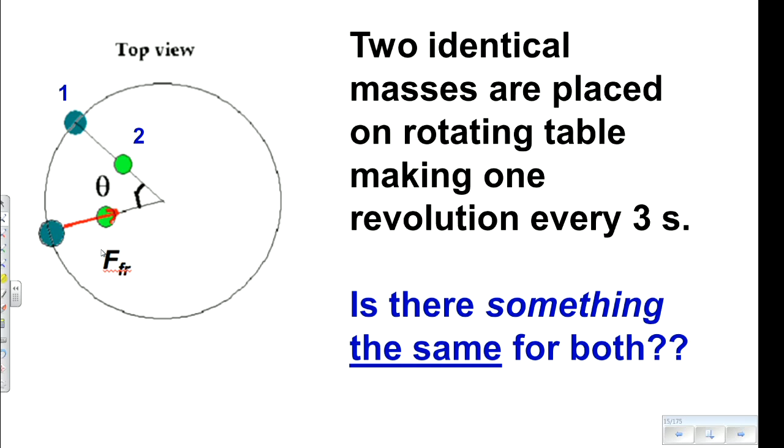So we cannot use distances. Distance over time is speed. They have different speeds. So the question is, what do they have in common? What physical or other type of variable can be used to describe this type of motion?